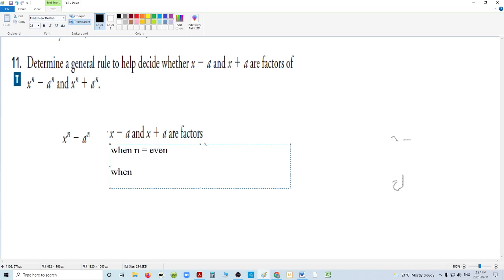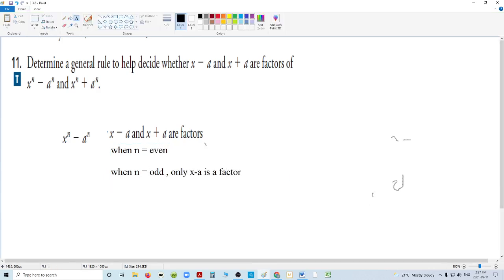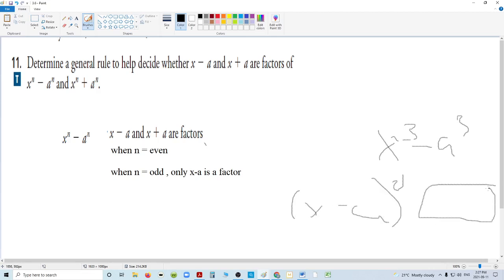Then I'm going to say when n is an odd number, only x minus a is a factor. And that just was done with a simple checkup, because when we hit x to the 3 minus a to the 3, we discovered that only x minus a was a factor. And if you look up your difference of cubes, the other factor is not x plus a.